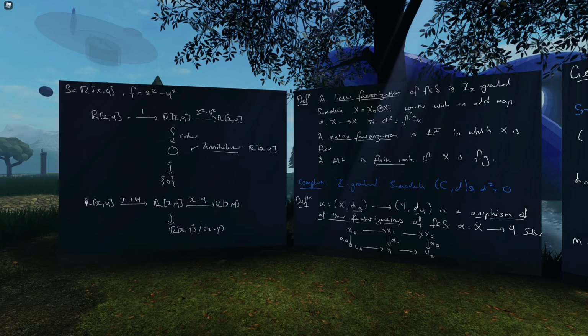And then again, the annihilator is just this ideal here. And then we end up with the algebraic subset V(x plus y), right? So the vanishing set of F looks like this, right? And in this case, we've gotten just this part of it here, right?